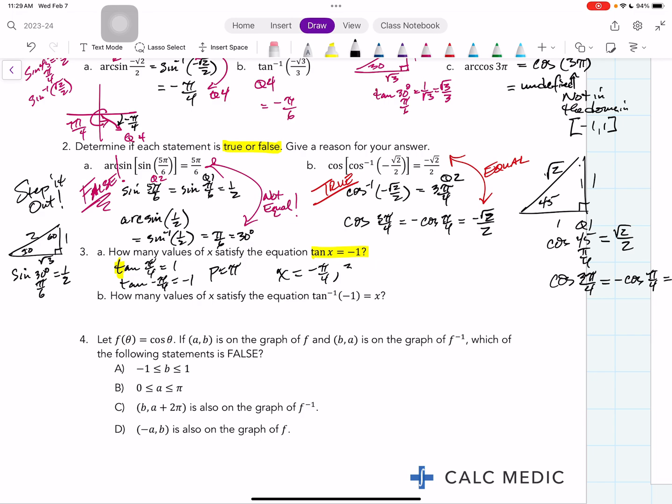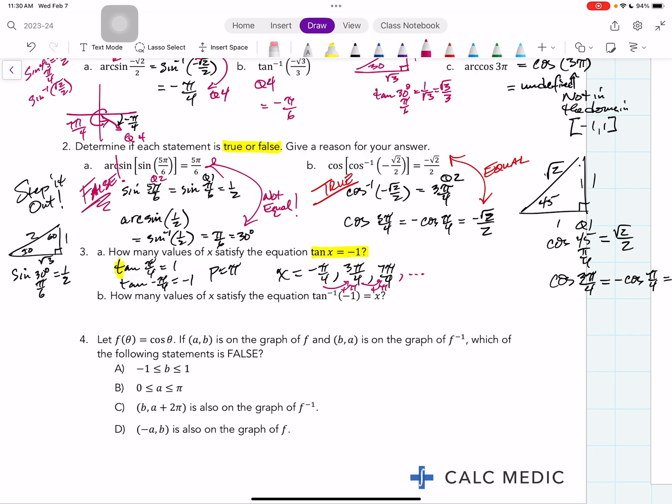It could be, if you add pi, you get 3 pi fourths. If you add another pi, you get 7 pi fourths. Again, I'm just adding the period here. And you can keep on doing this, so dot, dot, dot.